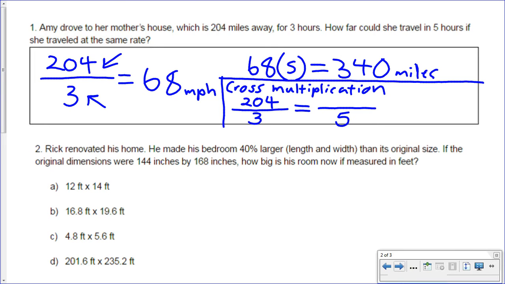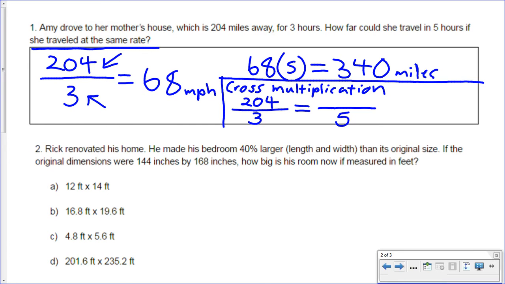Now what we know is that if she travels 204 miles or she travels some other distance, she travels at the same rate. They actually said that. She traveled at the same rate. So our proportion of miles traveled to time spent traveling is going to be the same.